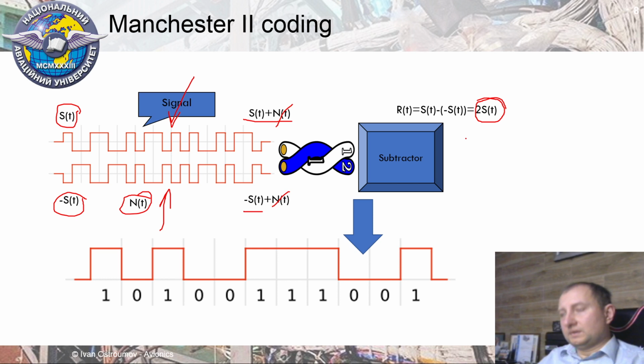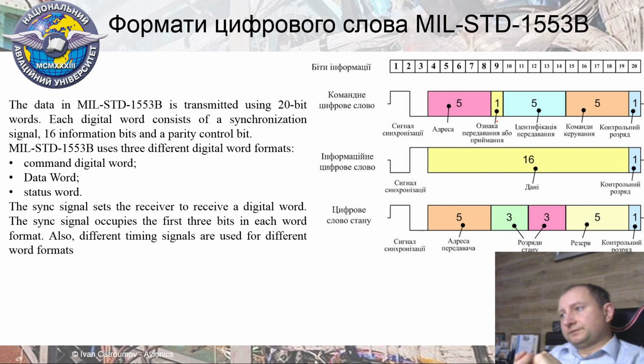If we talk about the data word for transferring, it uses 3 different types of data words. Because we have a bus controller, it means that the bus controller should use a specific word time to send commands to all the network.